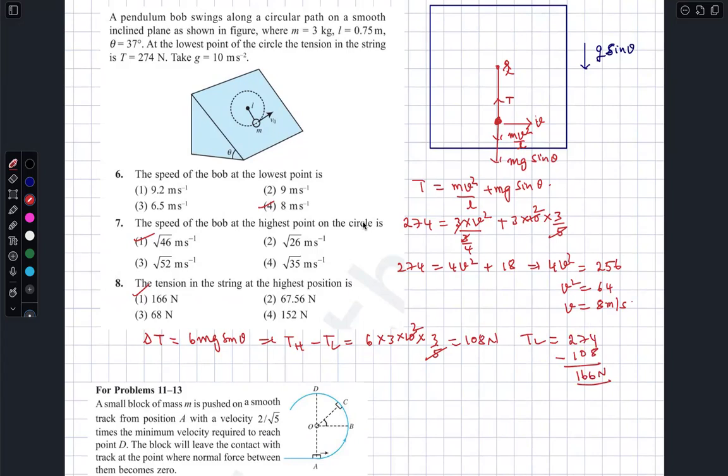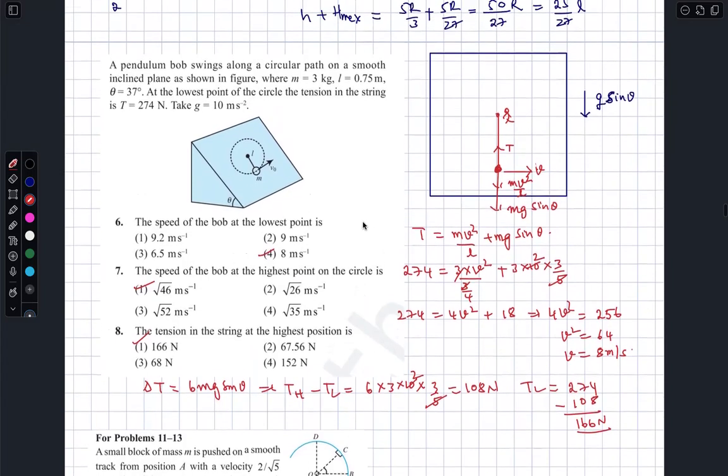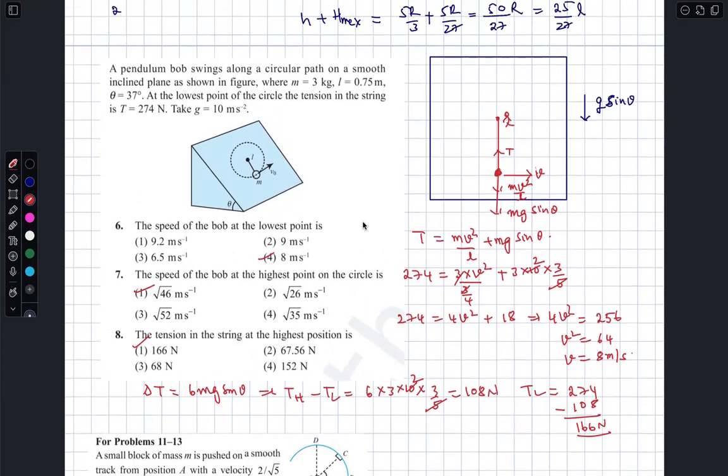Have you followed? Right. The speed of the bob at the highest point on the circle comes from energy conservation. Wherever you do energy conservation, remember in this case it is not G; you should use G sin theta. Frankly speaking, I don't even require that, because I have already determined this. So at the topmost point, what is going to happen?